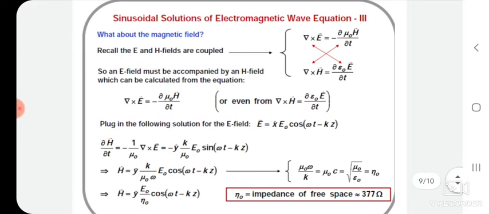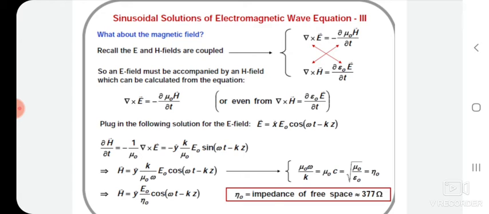Now, the sinusoidal solution for the magnetic field. Recall that E and H fields are coupled, because if we take the curl of an electric field, it gives the magnetic field, and if we take the curl of a magnetic field, it gives a varying electric field.